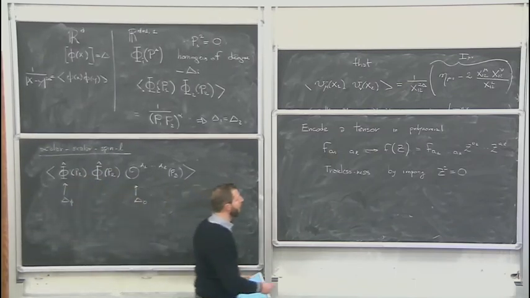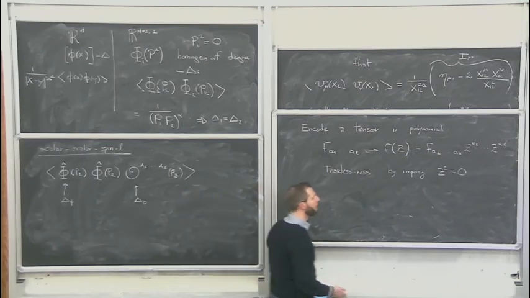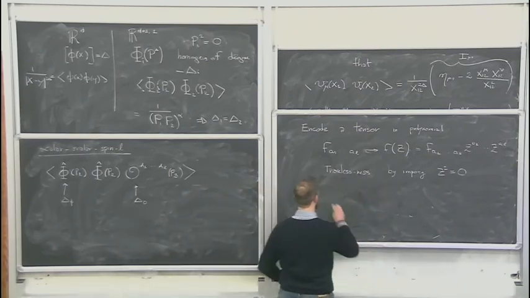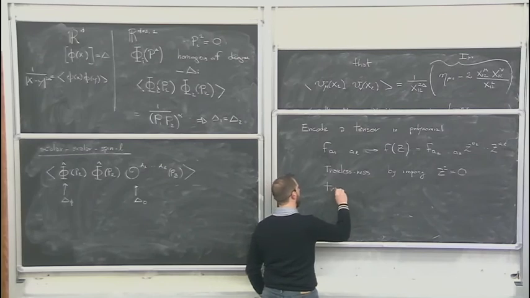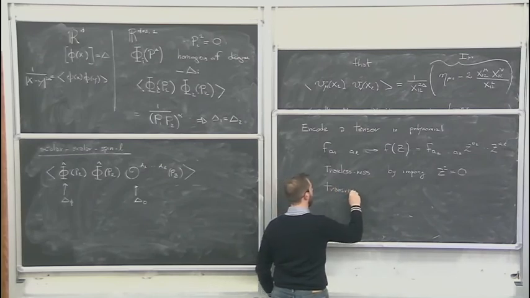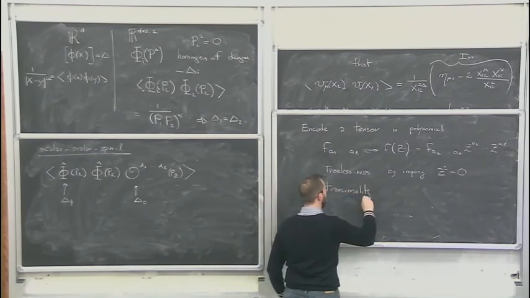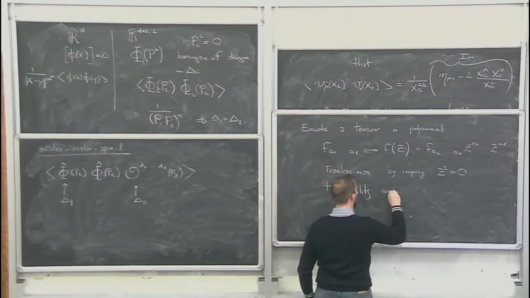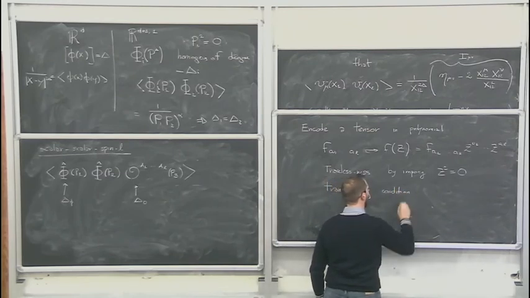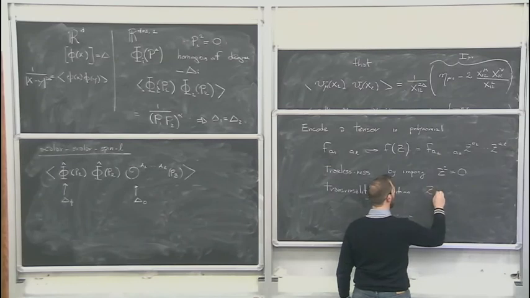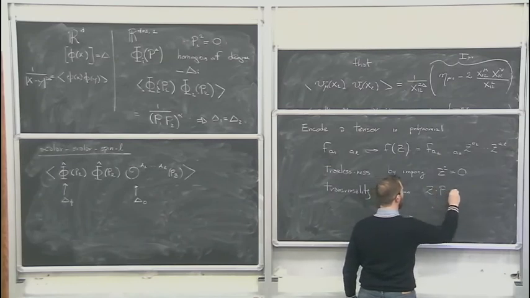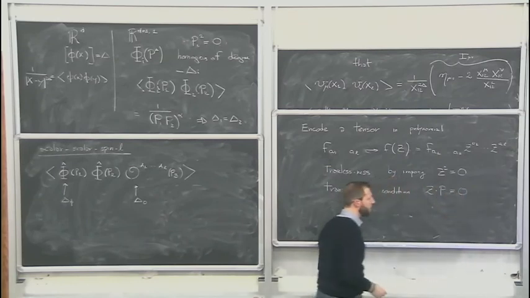Also, if I have an operator that has to be transverse, I can take into account the transversality condition by imposing that z times P is equal to 0. Okay?